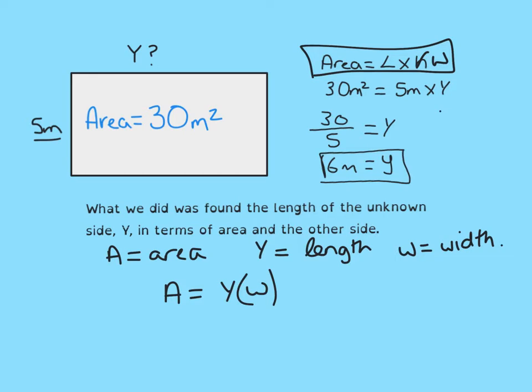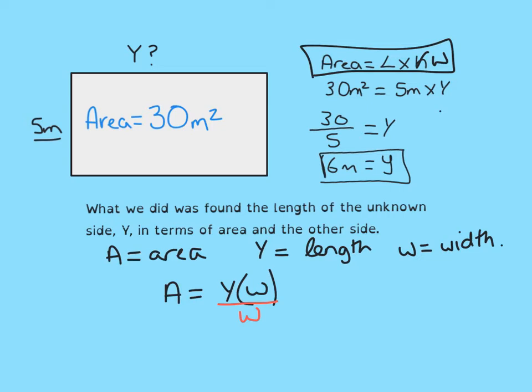Okay, and what you guys did up here is that in order to get that y by itself, you actually went ahead then and just divided the other side by 5. Okay, and it's a bit like what we did before in linear algebra, solving an equation. If I want to get rid of something, I can simply divide on the bottom by the thing that I want to get rid of.